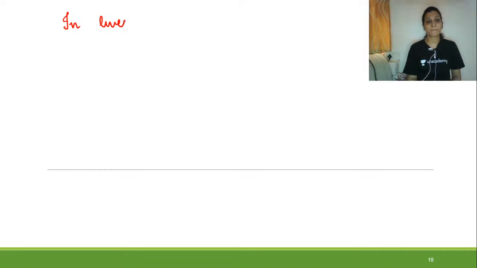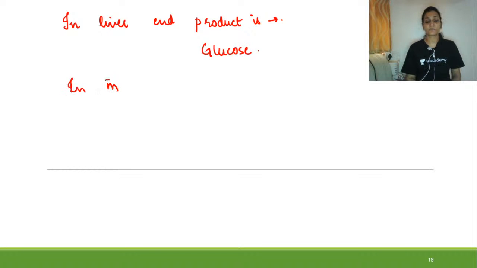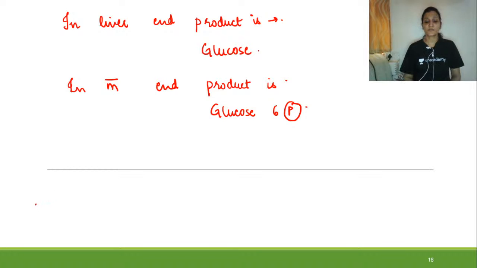Liver, end product is glucose, and muscles, end product is glucose 6 phosphate, right?